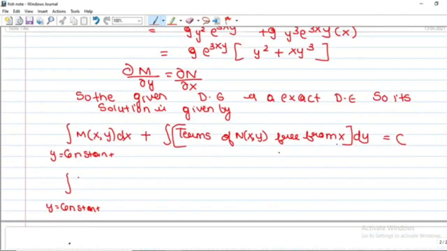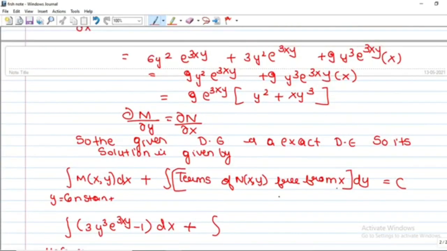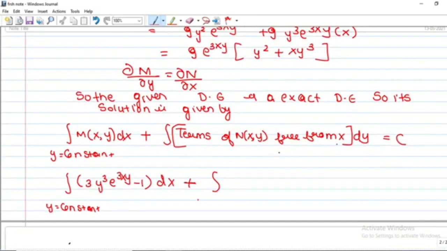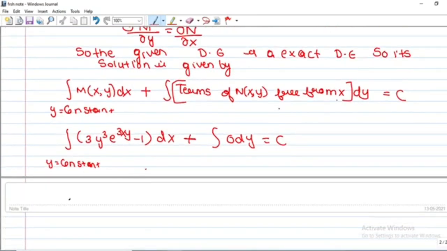So let's substitute 3y square e power 3xy minus 1 into dx. Now let's check in N the terms free from x. This one has x, here also there is x, so there is no term. So 0 dy should be equal to c.